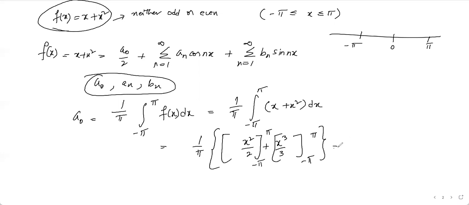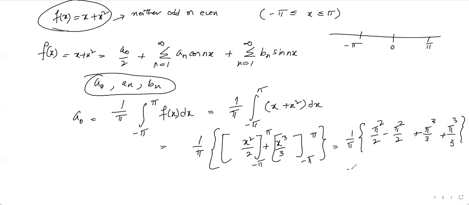Now when you substitute x is minus pi and pi, for x squared by 2 it results in pi square by 2 for each, which cancel, and for x cubed by 3 it is pi cubed by 3, and minus of minus plus, which is pi cubed by 3.